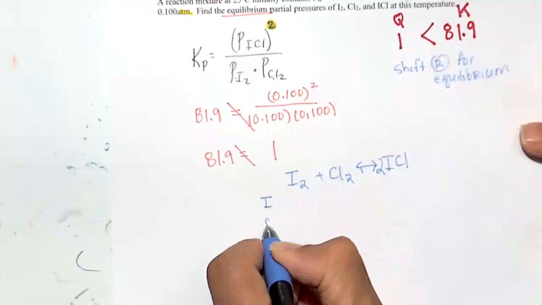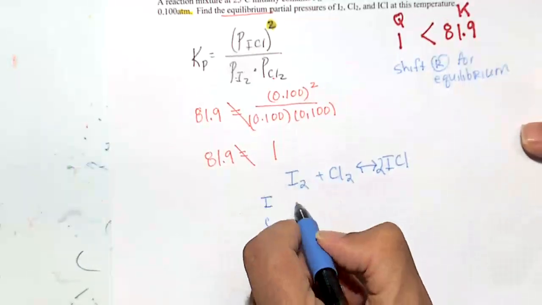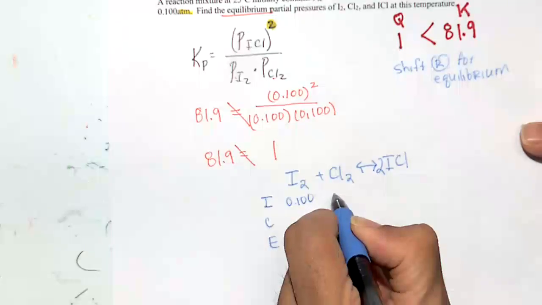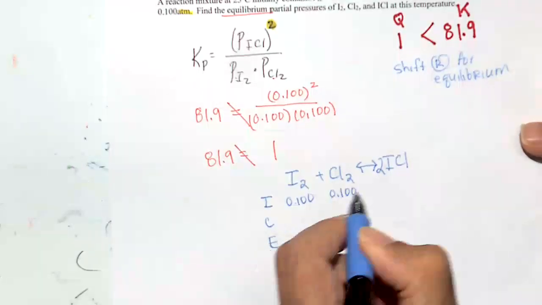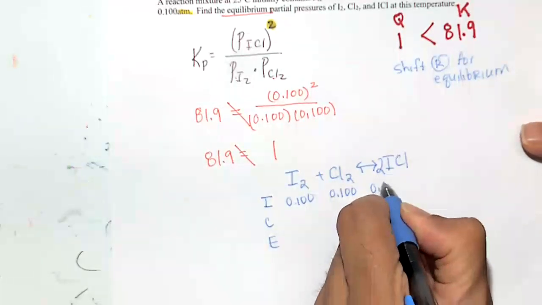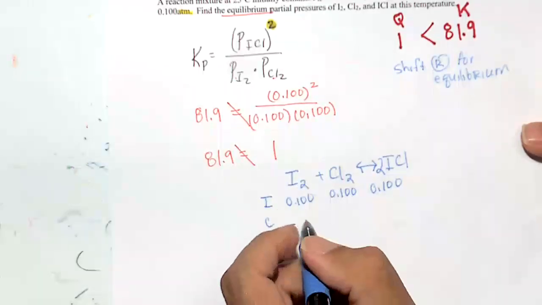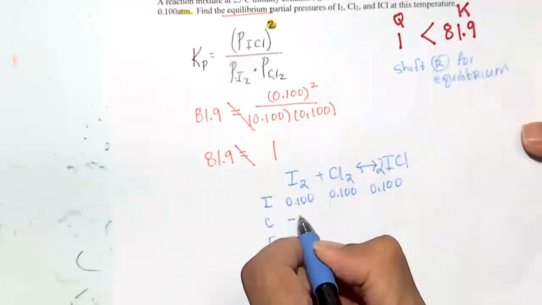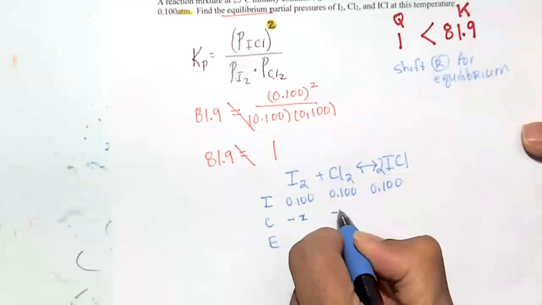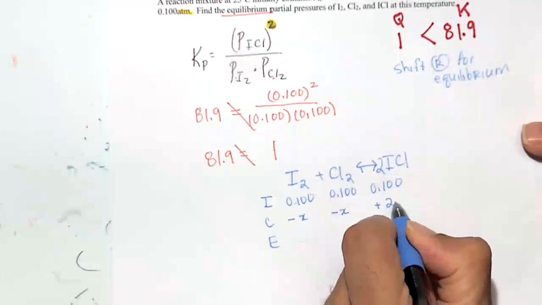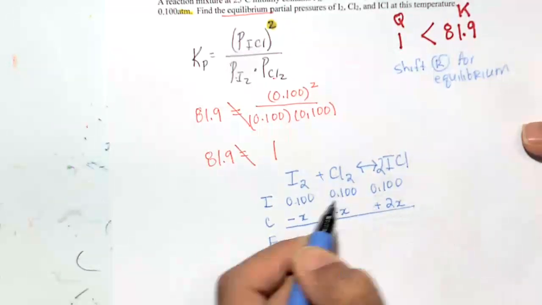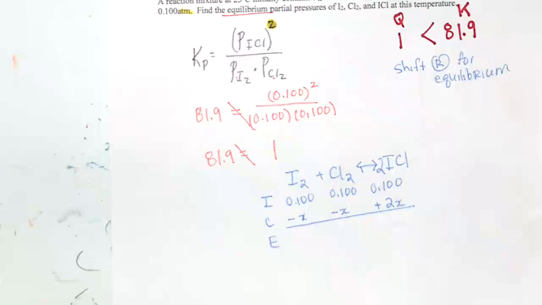So initially, change, equilibrium. Initially, you're at 0.100. Actually, these are all at 0.100. And this is going to go minus x, minus x, plus 2x. Everyone see that?